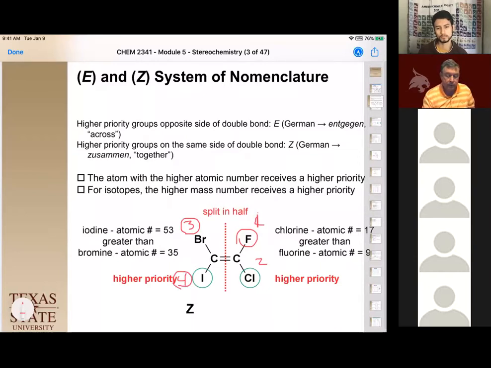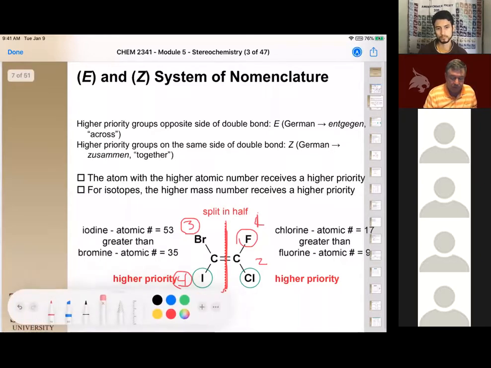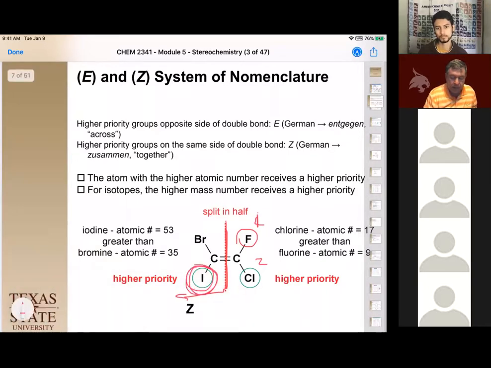If we split the molecule in half and only look at one side first, between the bromine and the iodine, which has the higher atomic number? Bromine is 35, iodine is 53. So iodine has the highest atomic number. So I'm going to erase these numbers right here, and I'm going to circle this as our highest priority on that side of the double bond.